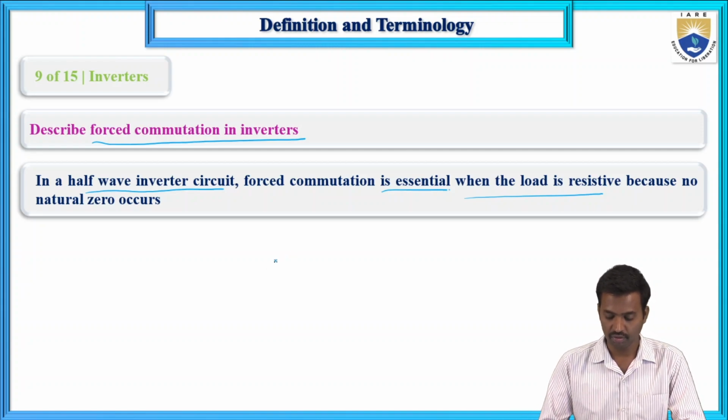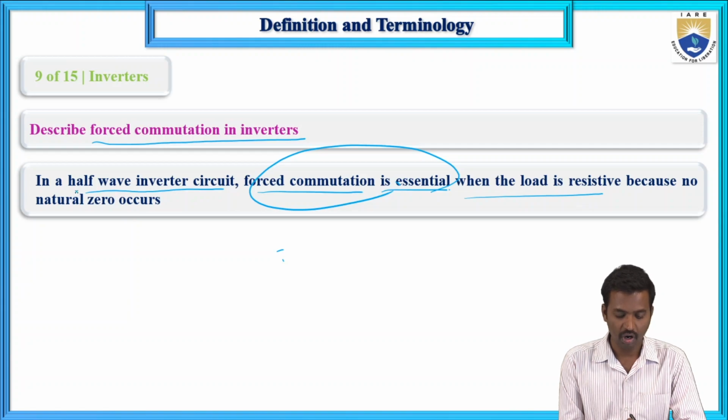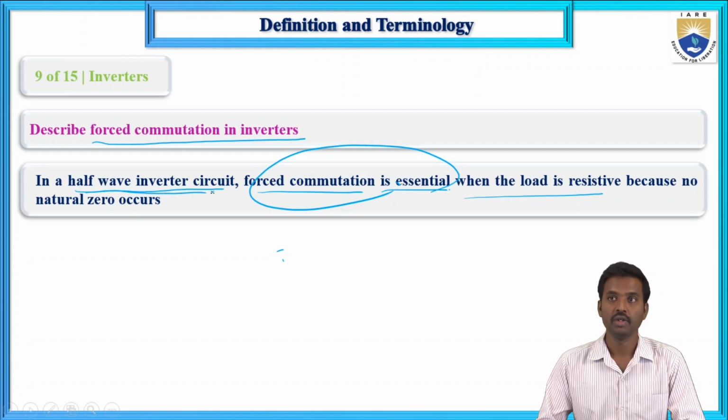Here in the half wave inverter, this is DC with V by 2. Forced commutation is compulsory in the half wave inverter circuit. In some other circuits, natural commutation is possible.